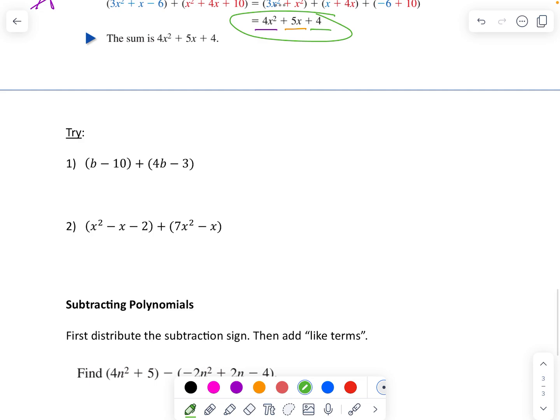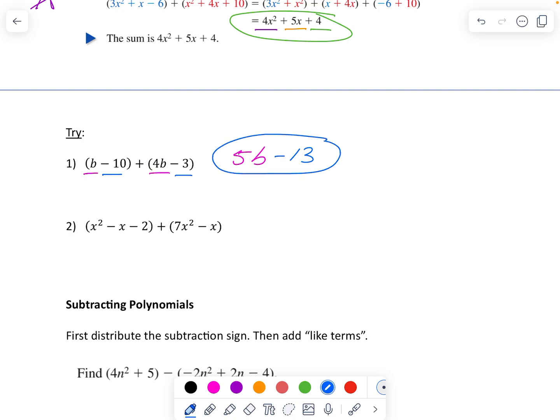So let's try these now. If you're watching the video, well, obviously you're watching the video, pause it, try these on your own, and then resume to check them. So combining things that are the same, 1b plus 4b's gives us 5b's altogether. -10 plus -3 is -13.